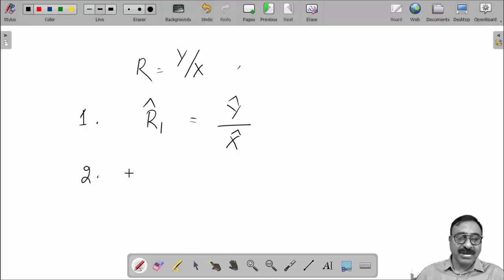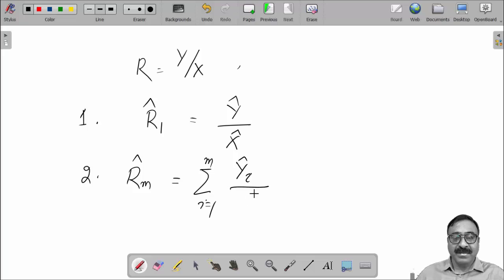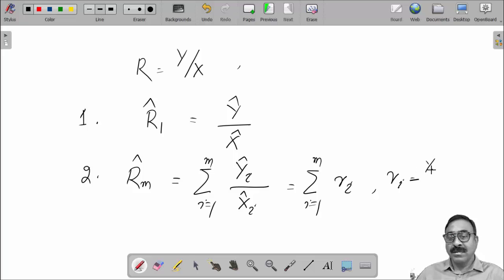Second ratio estimator we can form, Rm bar, that is equal to 1 by m summation i equal to 1 to m Ri, where Ri is equal to yi cap by xi cap.